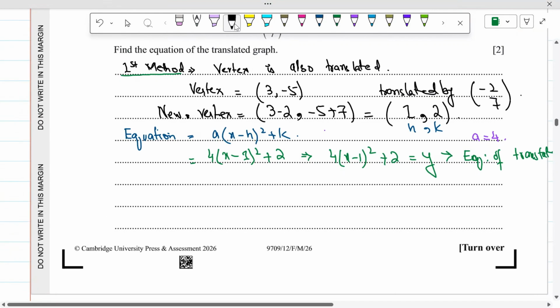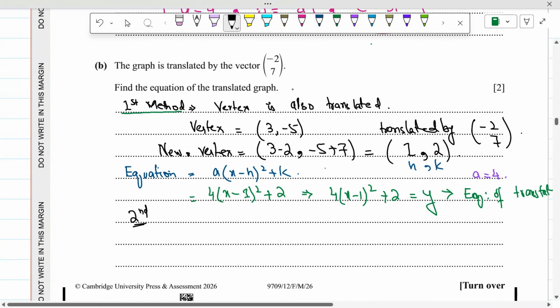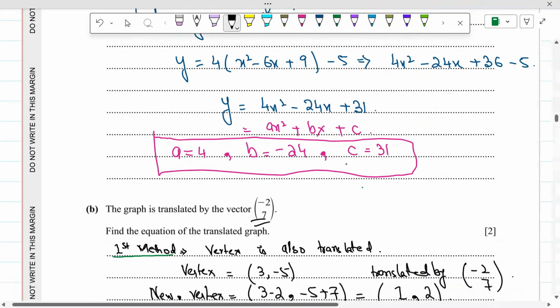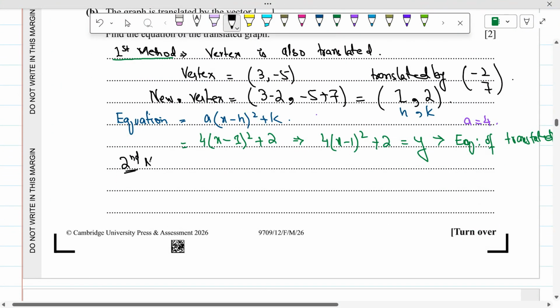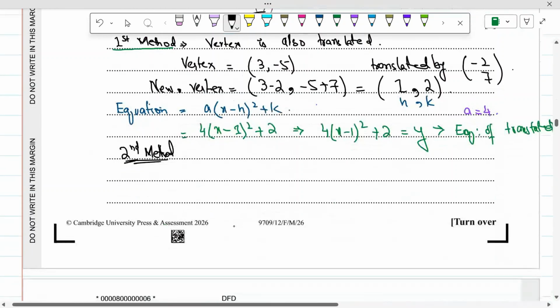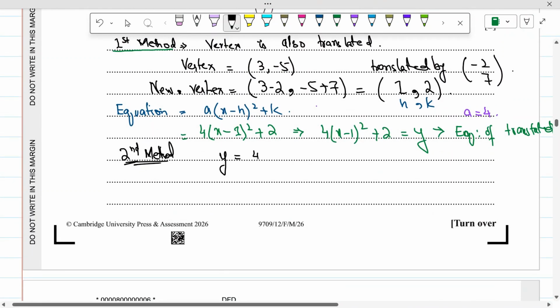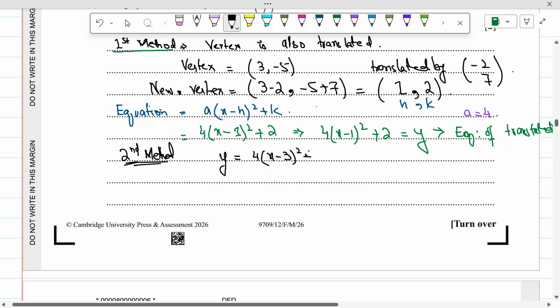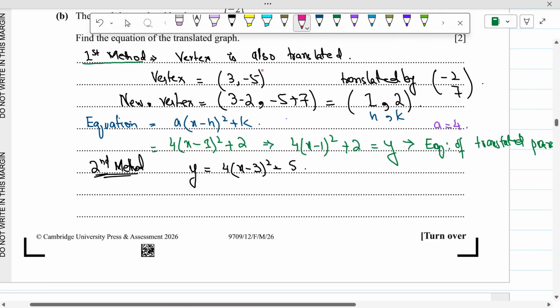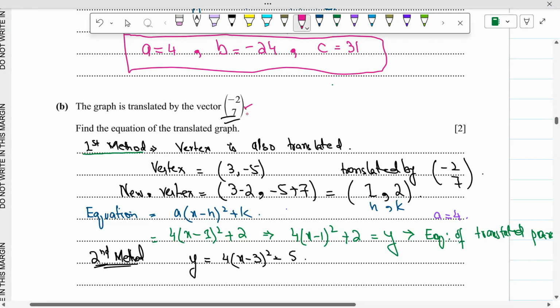We can use another method, the second method, and we can apply this translation directly to this equation. So from the previous equation, y equals 4 times (x minus 3) whole squared minus 5, we will apply the translation by the vector (-2, 7).